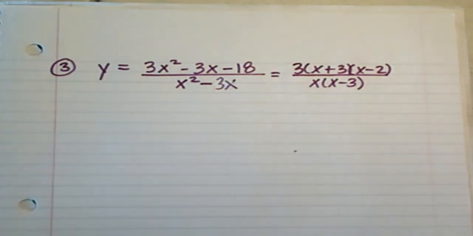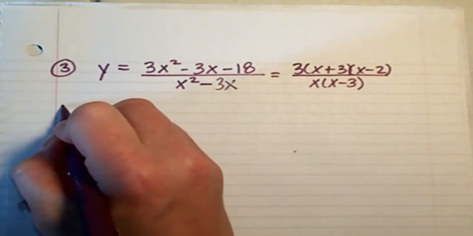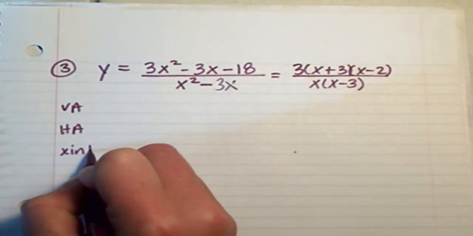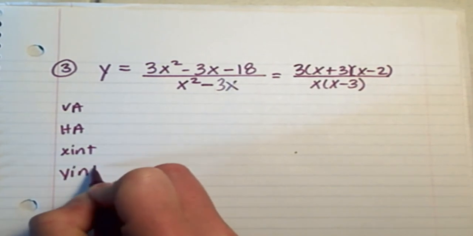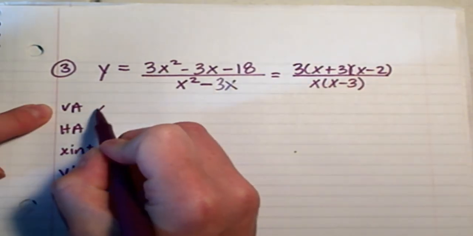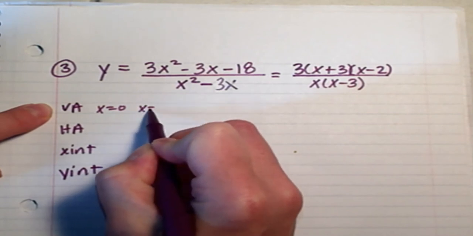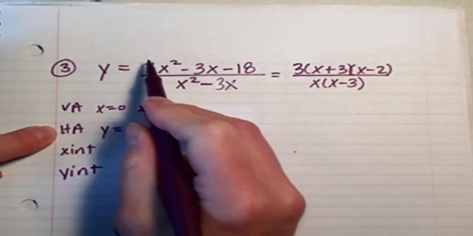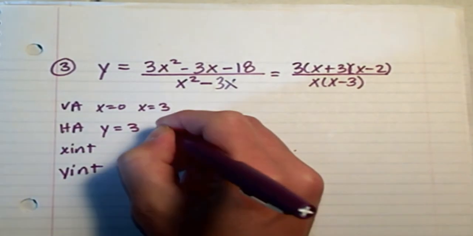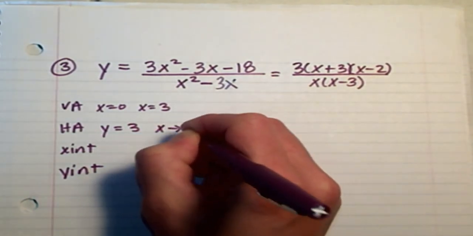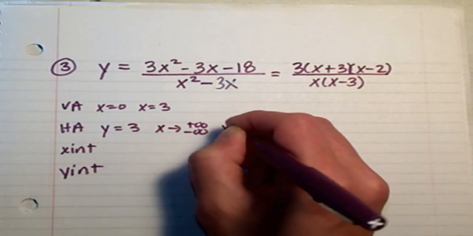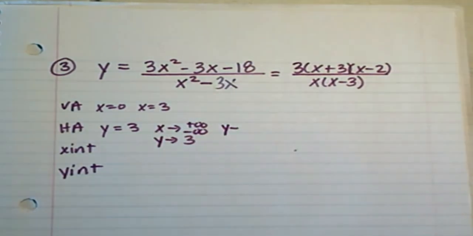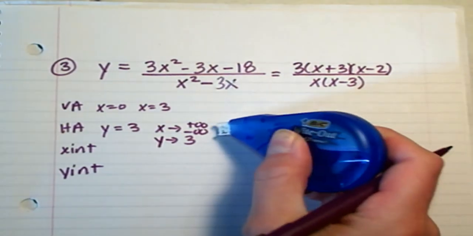All right, here we go. Let's write out our characteristics. Okay, vertical. X equals 0, x equals 3. Y equals 3. Look at that balance. So just for a reminder, okay, that's the end behavior.